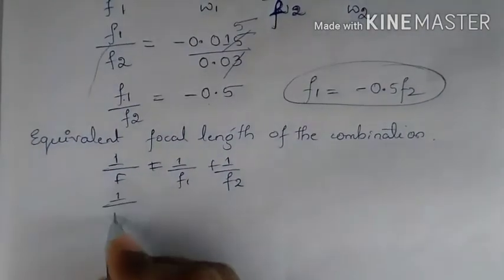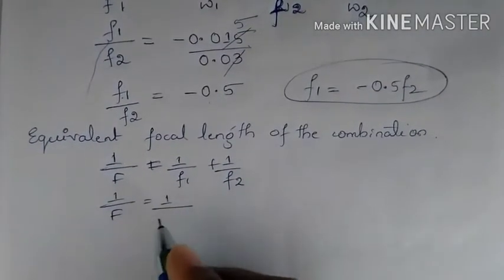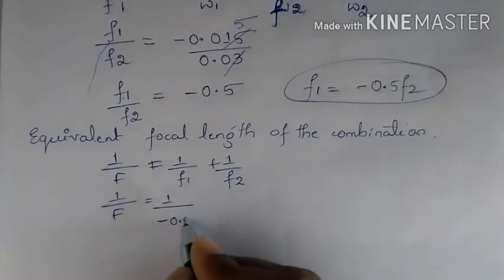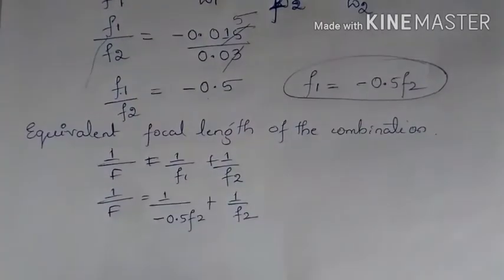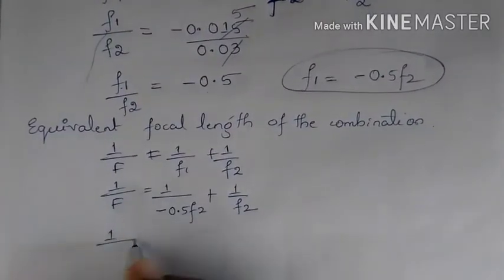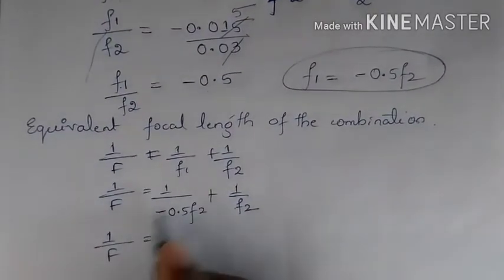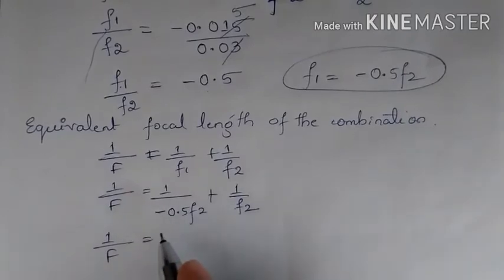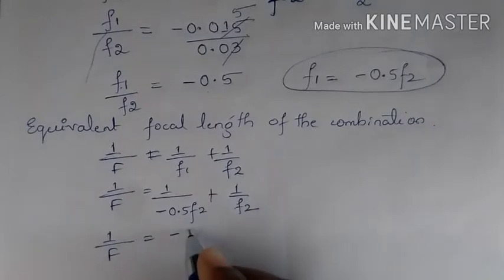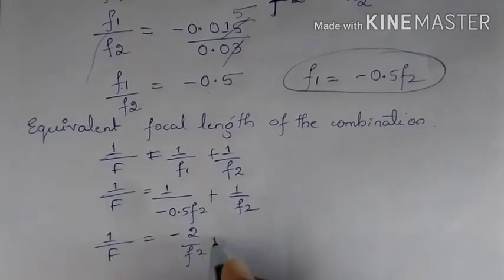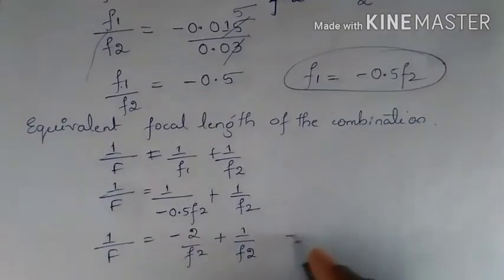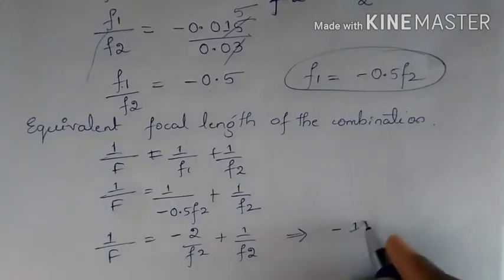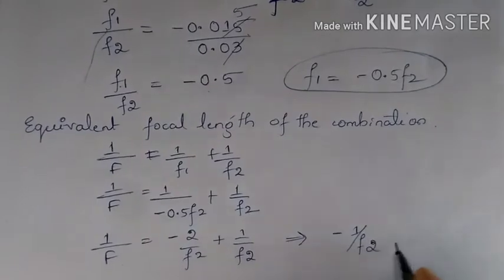So 1 by F is equal to 1 divided by F1, which is minus 0.5 F2, plus 1 divided by F2. 1 by 0.5 is 2, so you can write minus 2 by F2 plus 1 by F2. Minus 2 plus 1 will be minus 1 by F2.